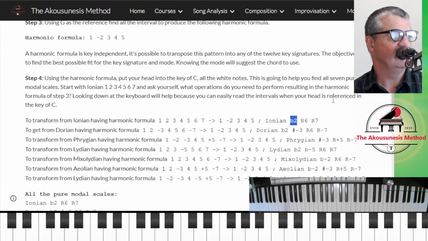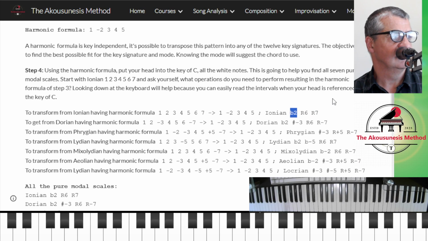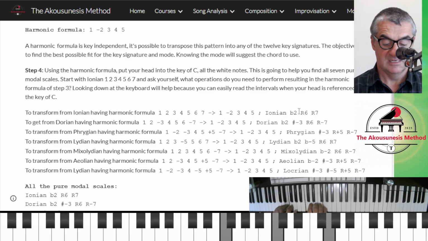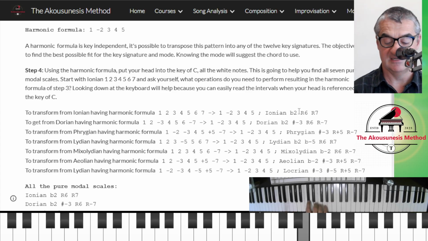And again, we're just going to move it so we can see it here. Is this scale. So it's Ionian going up to the 5th and just flattening the second. And it has this feel, it's maybe Arabian feel about it or something.